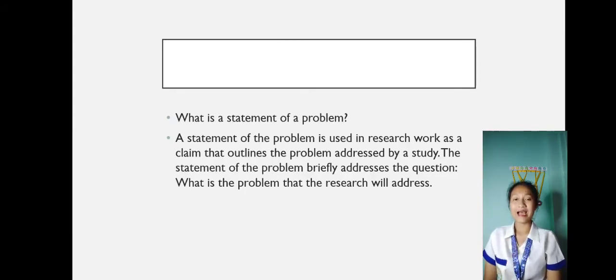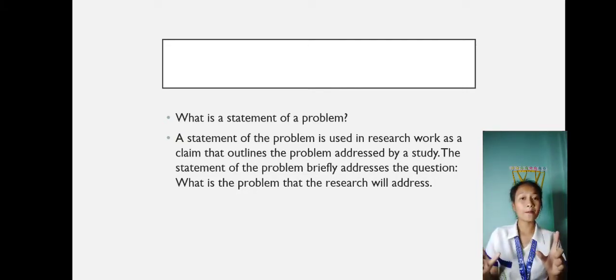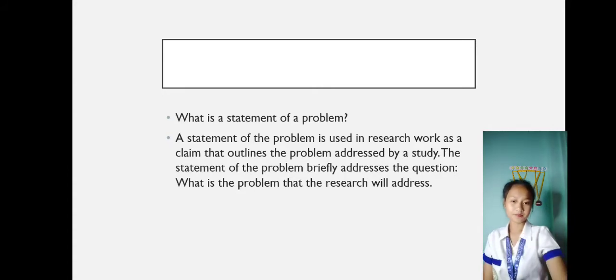So, what is a statement of a problem? A statement of a problem is used in research work as a claim that outlines the problem addressed by a study. The statement of the problem briefly addresses the question: what is the problem that the research will address?